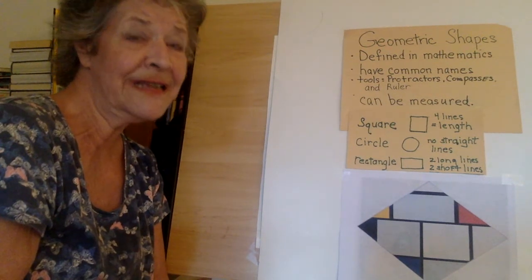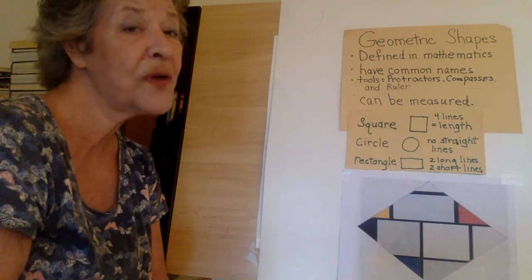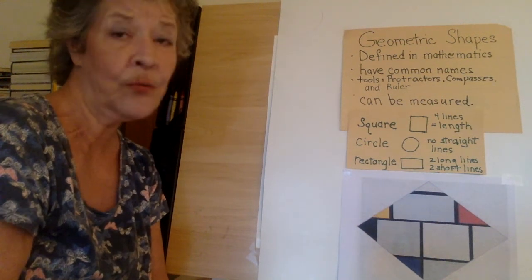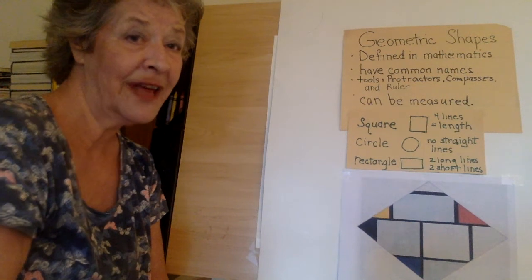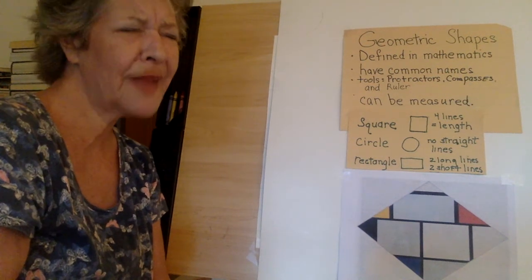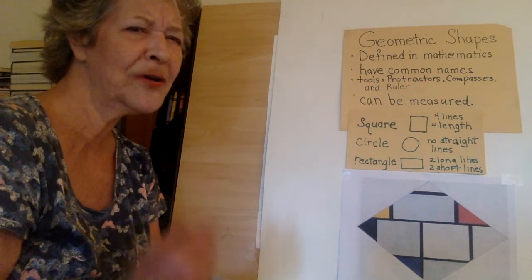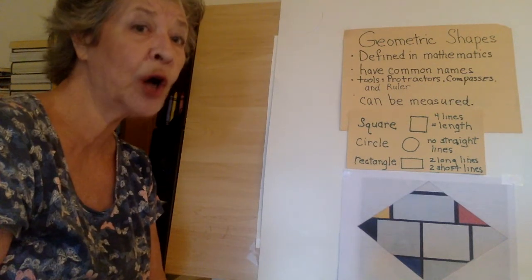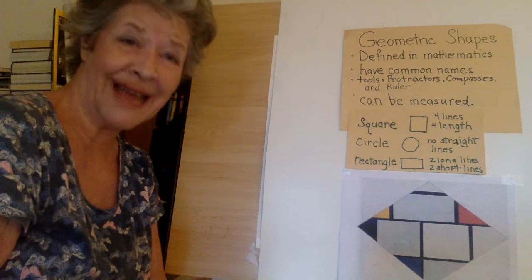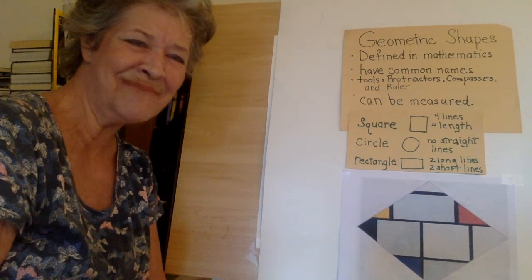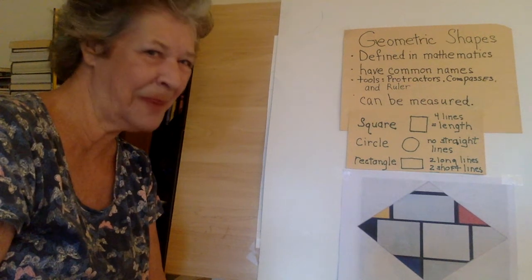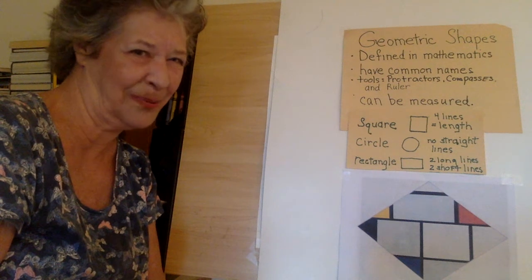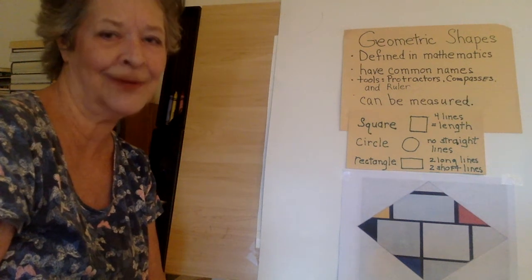But the important thing is that when you hear those terms again related to math, you'll think, oh, Mrs. Maher talked about that, and I used it in art. It's going to help me understand math a little bit better later on, I promise. All right.